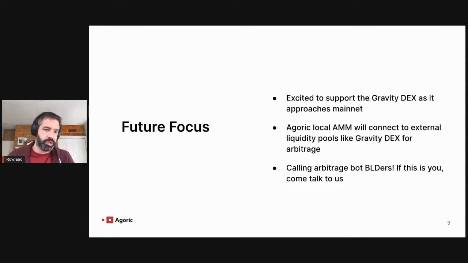So on that note, if you are an arbitrage bot builder, or you're interested in being an arbitrage bot builder, you should come chat with us, because that's something that we'll be looking to start working on very early on, for example, arbitraging between an Atom Run pool on our local AMM versus an Atom Run pool on the Gravity DEX.